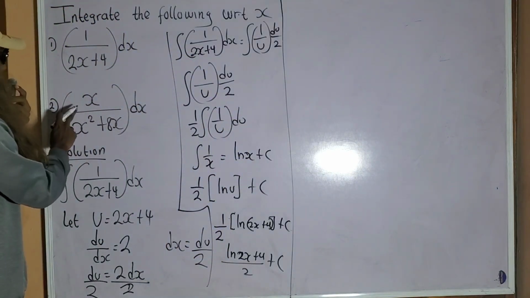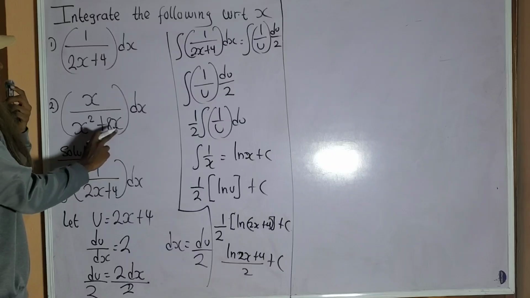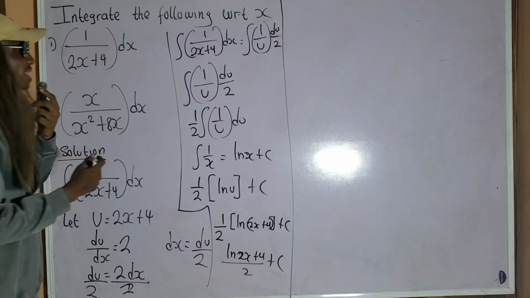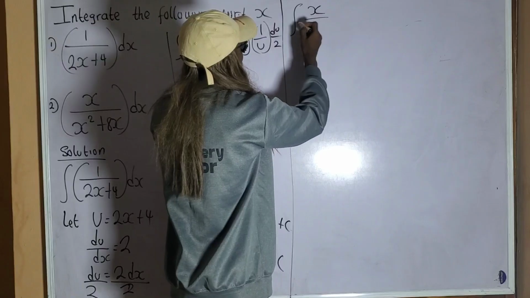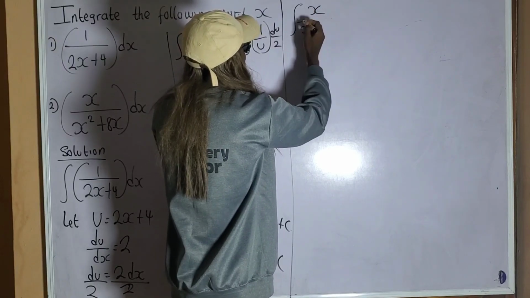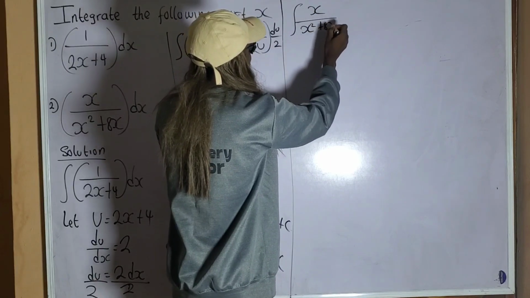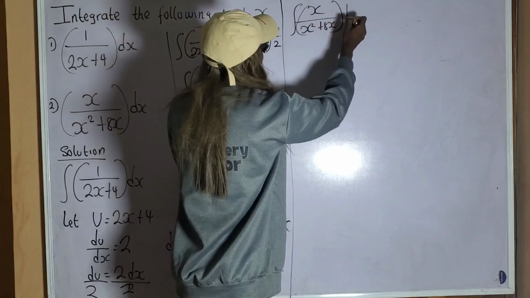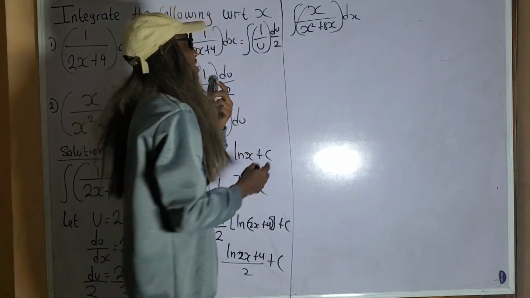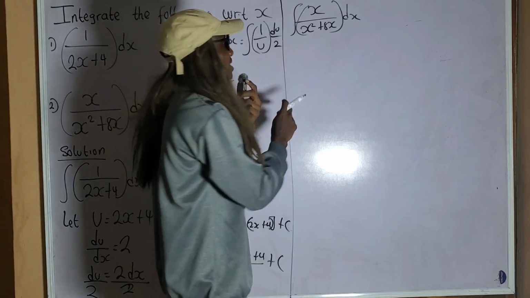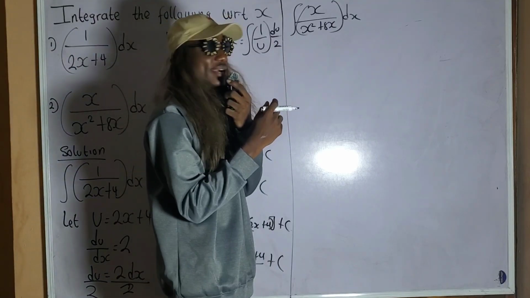We have x all over x squared plus 8x dx. Integration of x all over x squared plus 8x dx. If you want to integrate this function, you can see that the numerator is x and the denominator is x squared plus 8x.